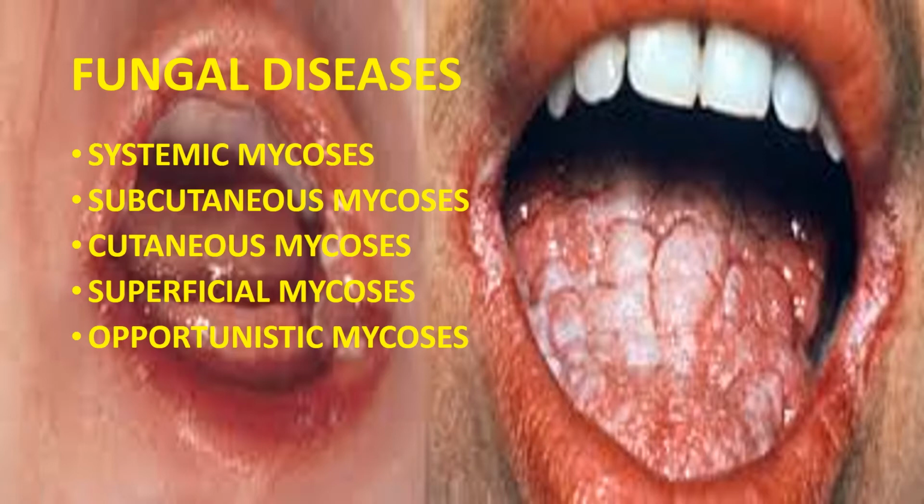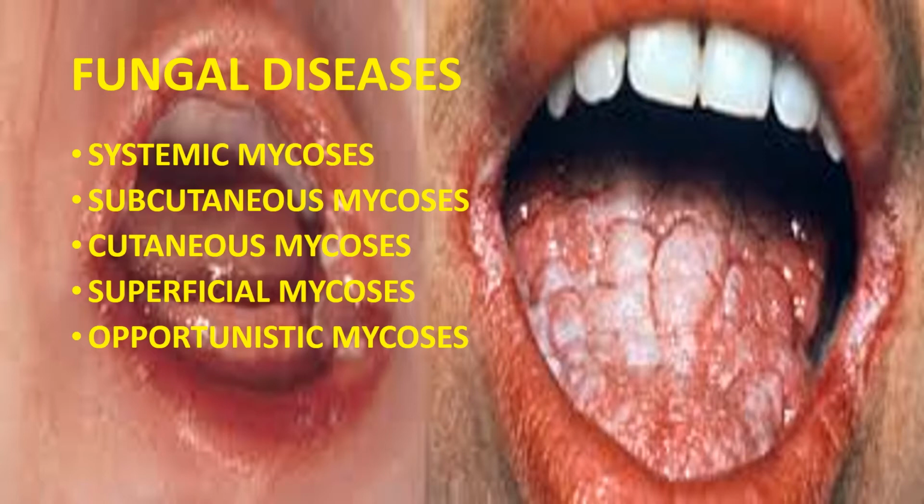Fungal diseases. Systemic mycoses are fungal infections deep in the body that affect many tissues and organs. Subcutaneous mycoses are fungal infections beneath the skin. Cutaneous mycoses affect keratin-containing tissues such as hair, nails and skin.